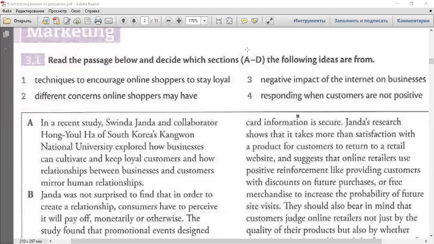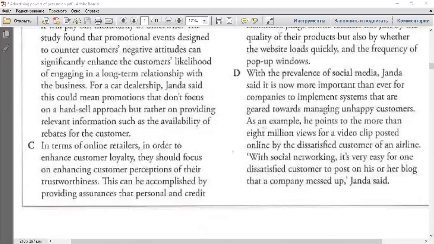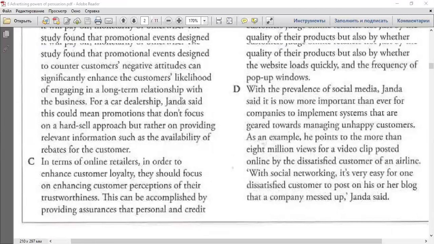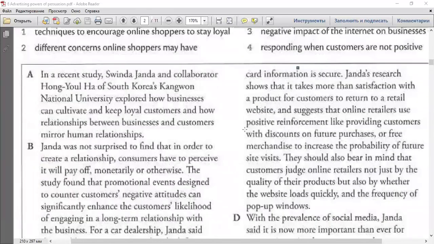Okay, so number one, techniques to encourage online shoppers to stay loyal. That would be, so please write the number in the chat box and the letter.